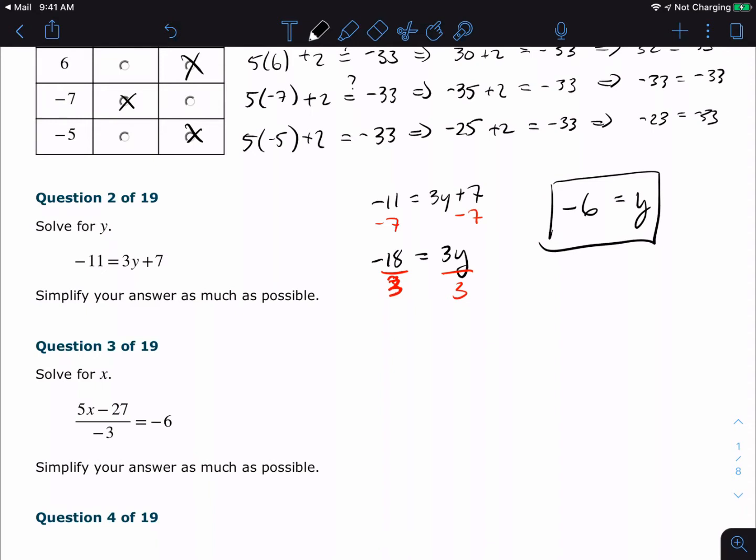Okay? I'll try to do it in color so you guys can clearly see what I'm doing. In this next example, to get rid of the denominator, I'm going to multiply both sides by negative 3. That's going to give me 5x minus 27 is equal to, negative and negative become a positive, 6 times 3 is 18.